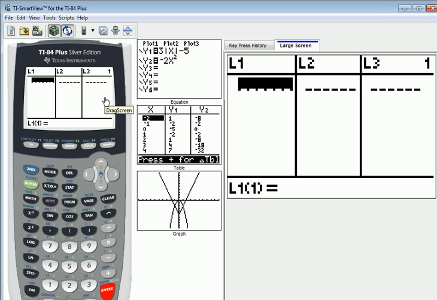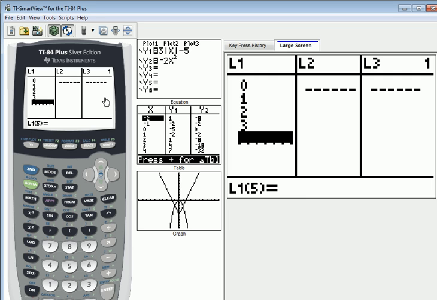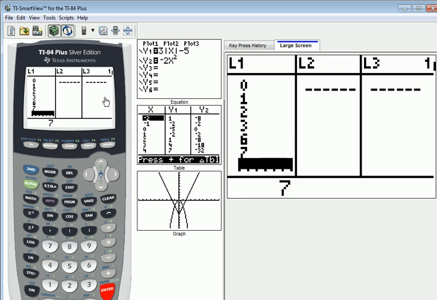So we're going to enter our data. And I can't see the other data, so we will do this together. 0, and then 1, 2, 3, and then we skipped 4 and 5. We went to 6, 7, skipped 8, did 9, and 10.